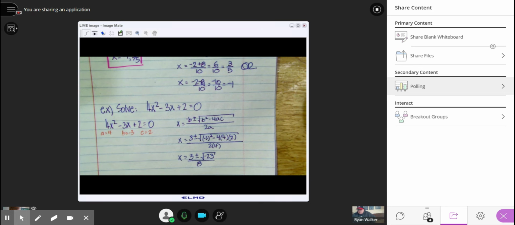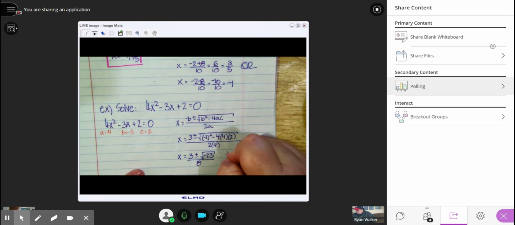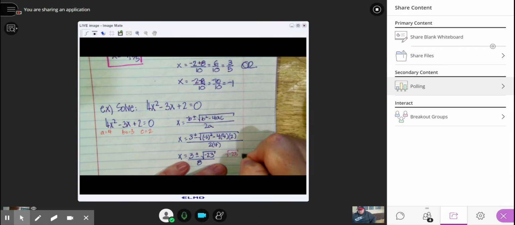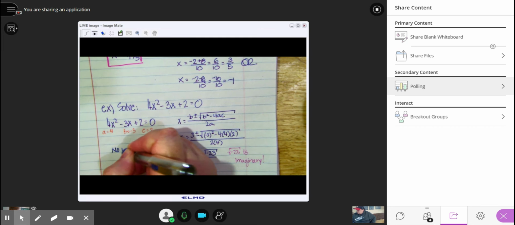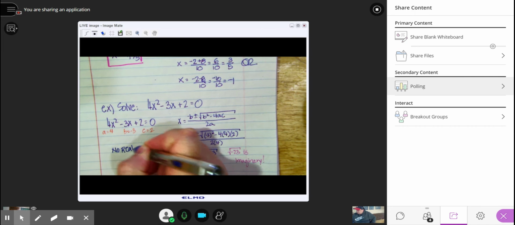Remember? Good. The square root of negative 23 is imaginary. So this one is no real solutions.